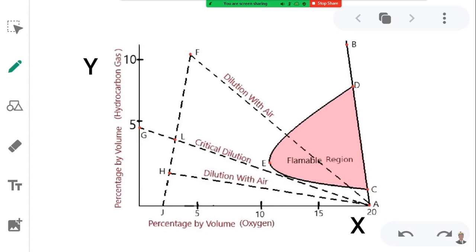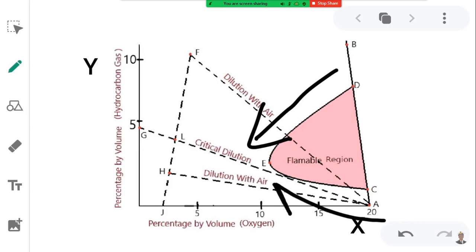It can be understood that the flammability range of a mixture decreases with the addition of inert gas. As we have already seen, as inert gas is added to the tank, the flammability range decreases drastically and converges to a point E.